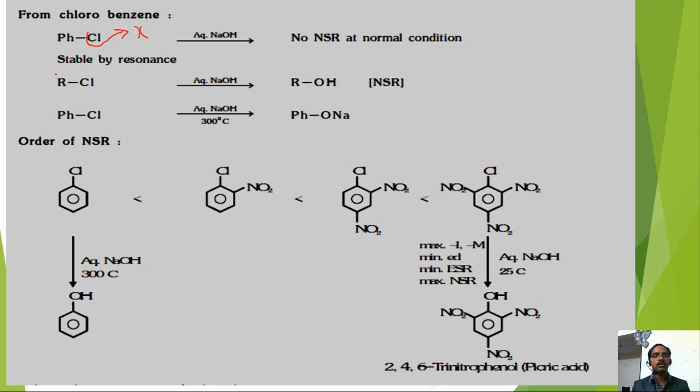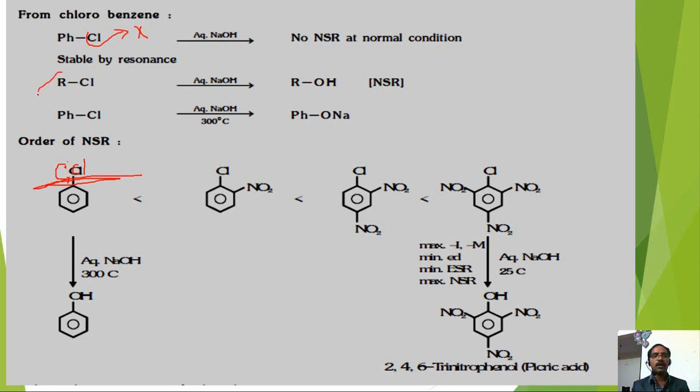Because there is resonance between chlorine and the benzene ring. The lone pair is given to the benzene ring, so a pi bond forms between chlorine and benzene. Due to this double bond nature between chlorine and the benzene ring, this bond cannot break. That is the reason nucleophilic substitution cannot take place easily.